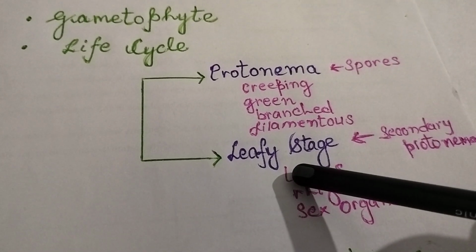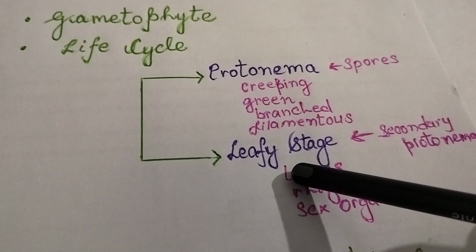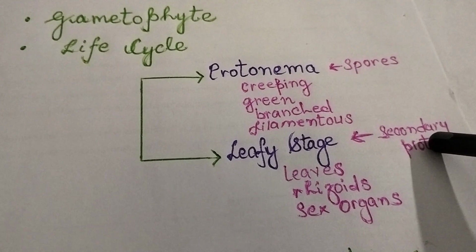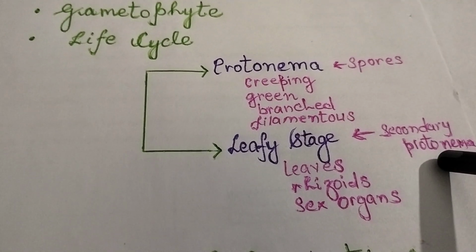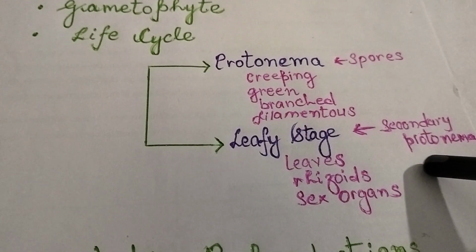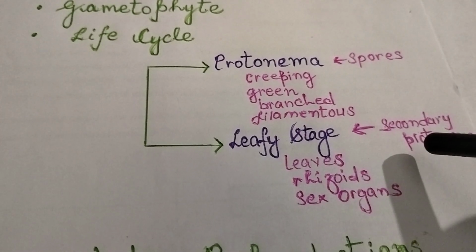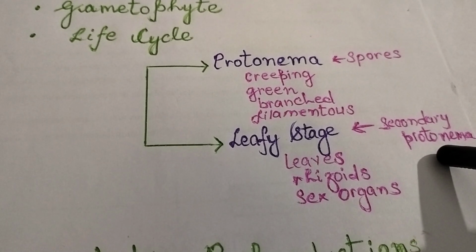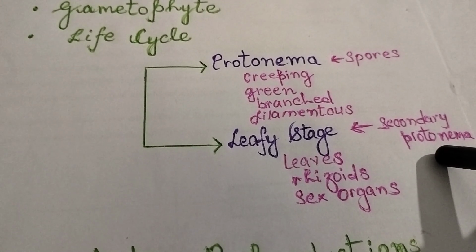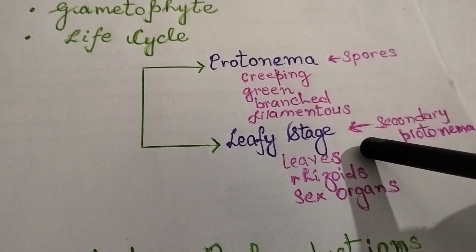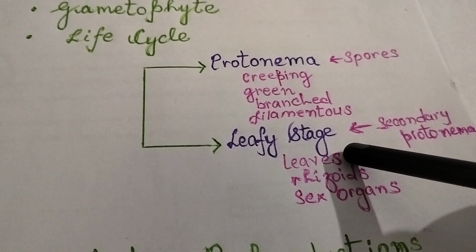Then comes the leafy stage. Leafy stage is the second stage and it develops from the secondary protonema. Protonema grows into a somewhat complex, advanced stage called secondary protonema, and this secondary protonema develops a lateral bud and forms the leafy stage.